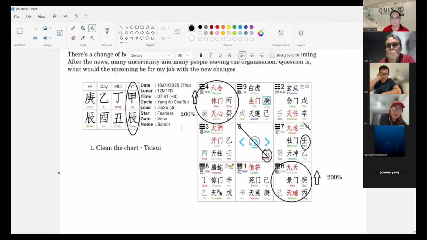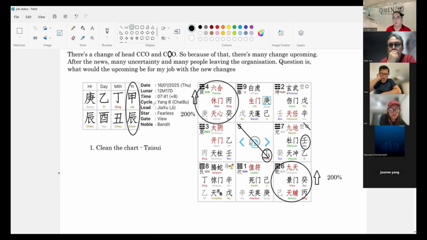That's all. Once we finish cleaning the chart, we will move on to analyze the question. Make sure you clean the chart first.